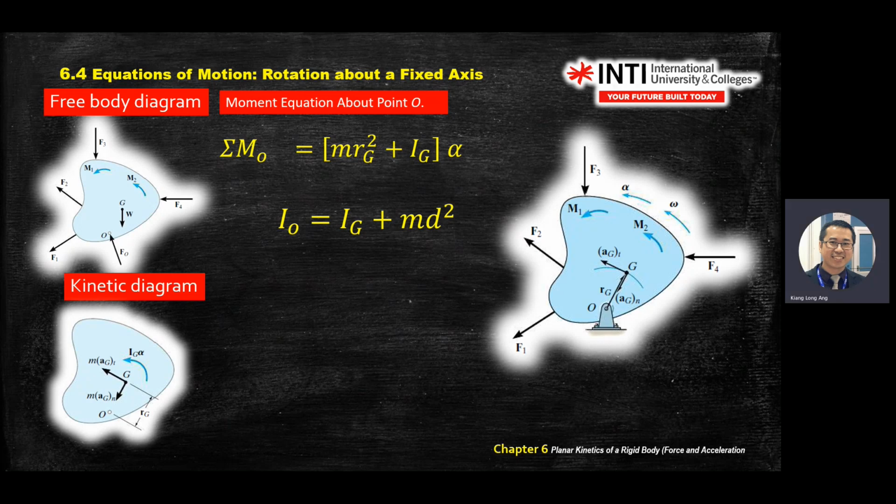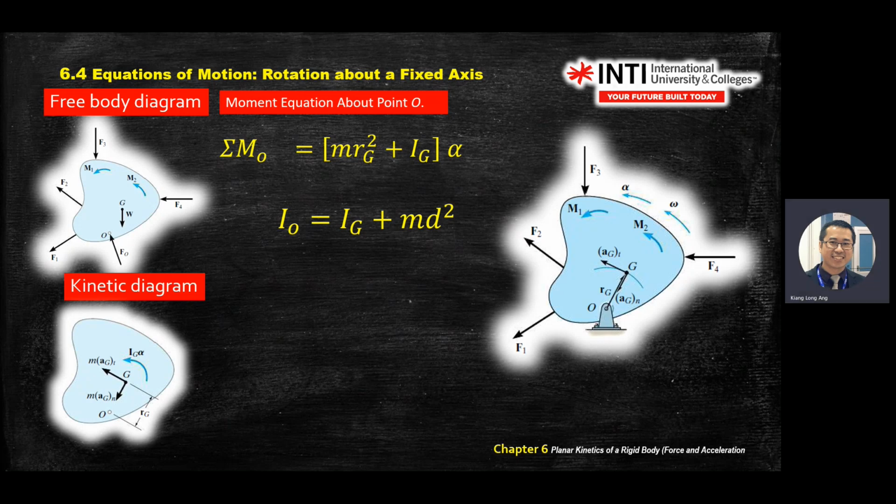If you find all the moment at O, you see the equation, you have mg squared plus Ig alpha. You see the form is different. If you look at G only, you have Ig alpha, but if you have O, you need to modify the equation a little bit.